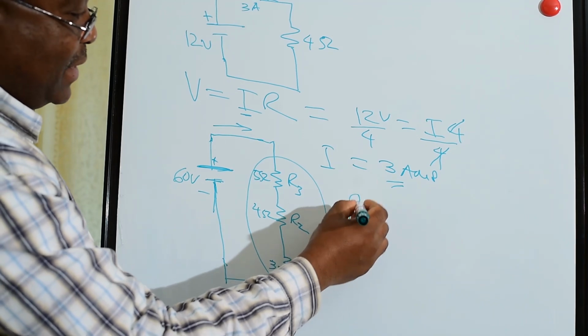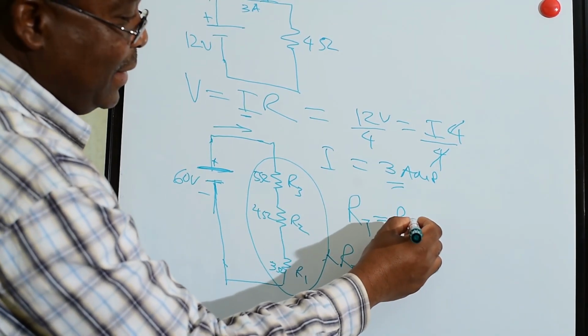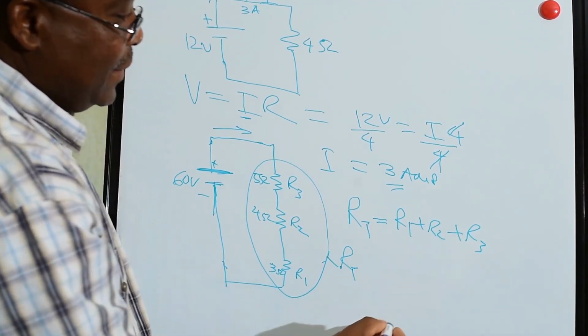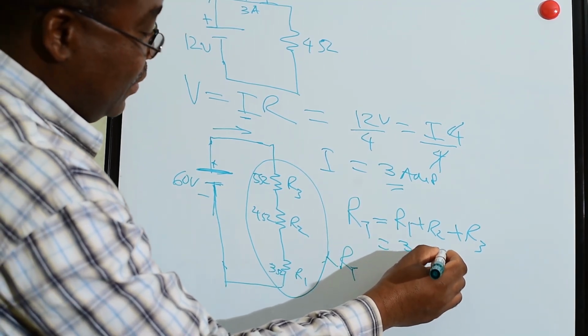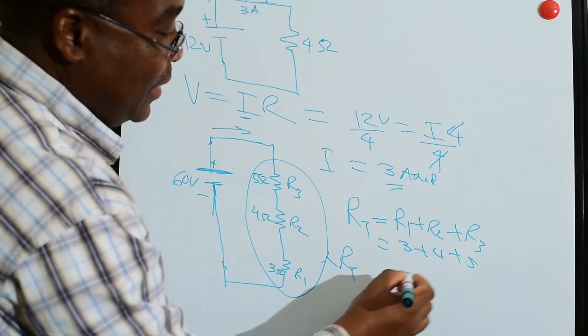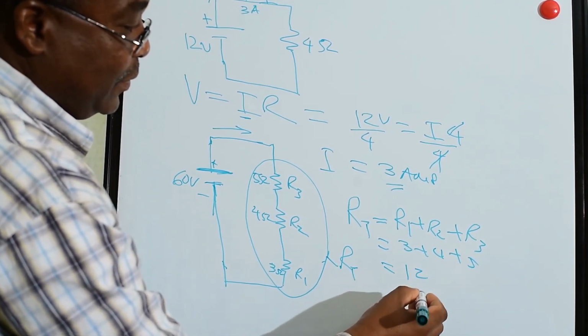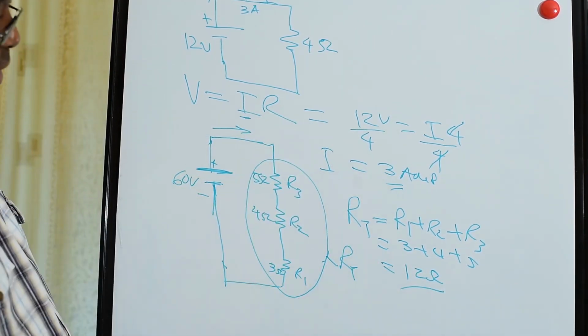The total resistance is equal to the summation of R1 plus R2 plus R3. So 3 plus 4 plus 5 is equal to 12 ohms. This is the total resistance.